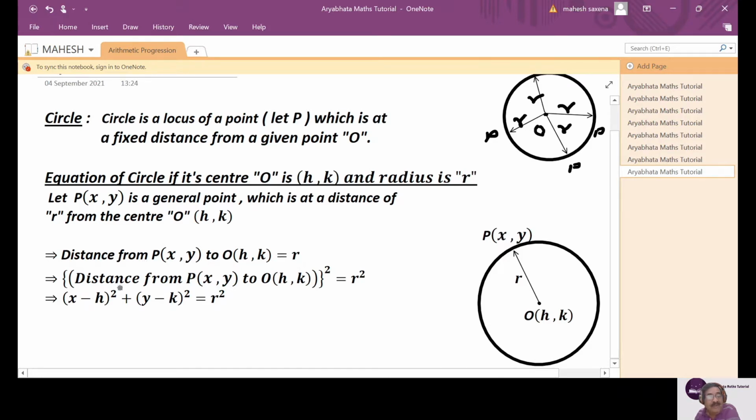Therefore, the square of the distance from P, whose coordinate is (x, y), to the center O, whose coordinate is (h, k), will be r square.